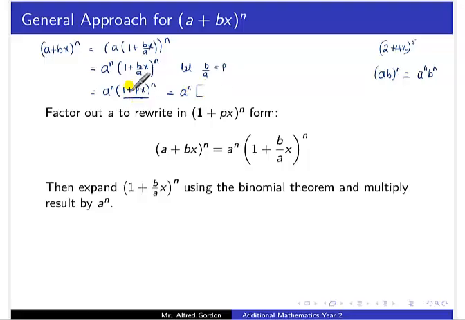In this bracket, we have 1 plus n of px, plus n times n minus 1 all over 2 factorial, then px all to the power 2, and we move on until we get to the last term, which will be px all to the power n. That is if n is a non-negative integer.